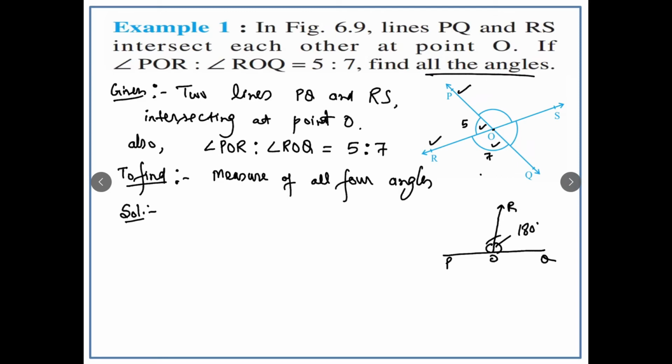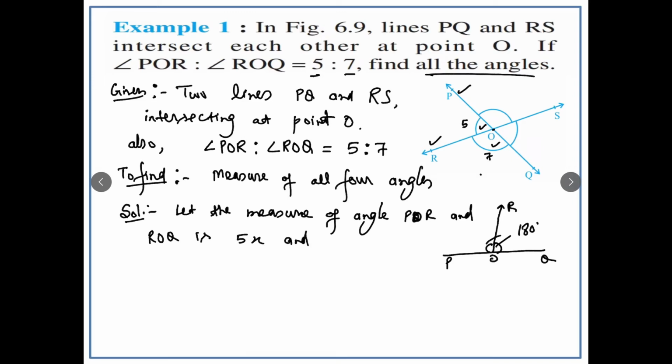Okay, so we'll use that axiom, but before that we'll write: let the measure of angle POR and angle ROQ, we assume those angles to be in the same ratio, that is 5x and 7x. Okay, we have taken those angles as 5x and 7x.